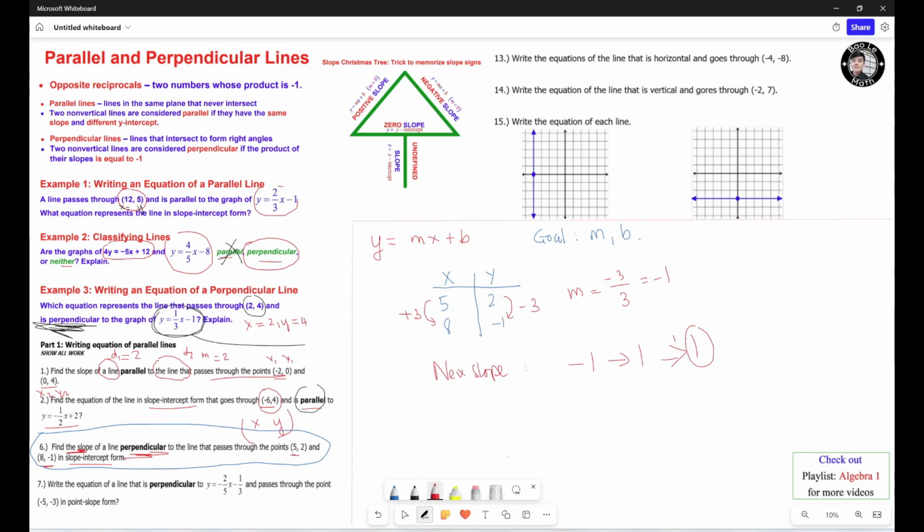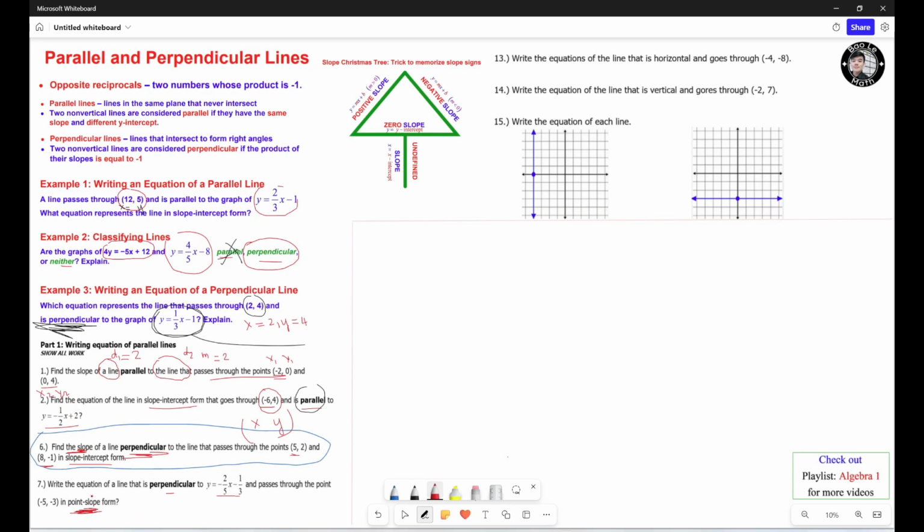Alright, move on to number 7. Write the equation of a line that's perpendicular to this line right here, in point slope form. Alright, so you know that point slope form is going to be y minus y1 equal m times x minus x1.